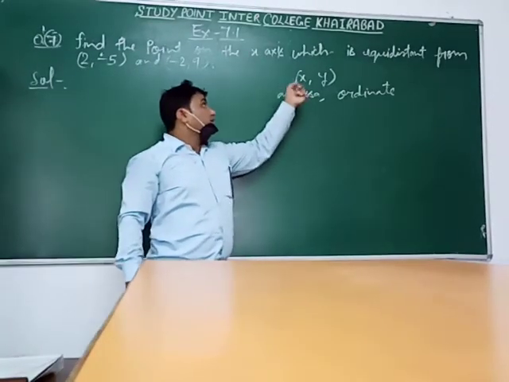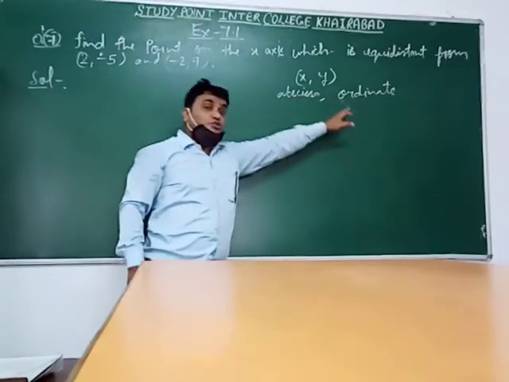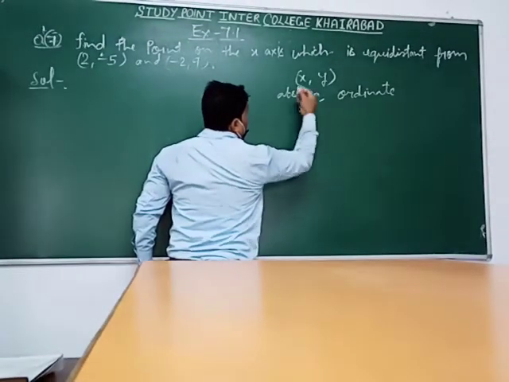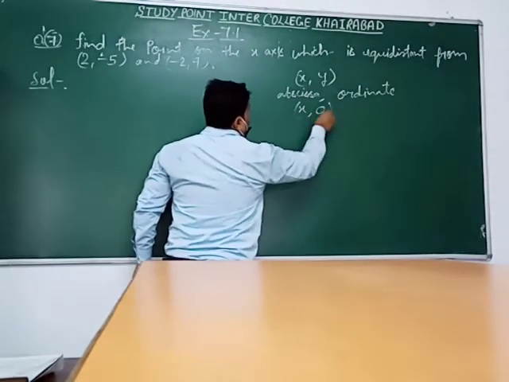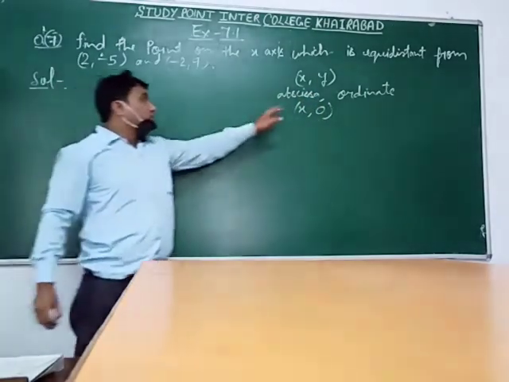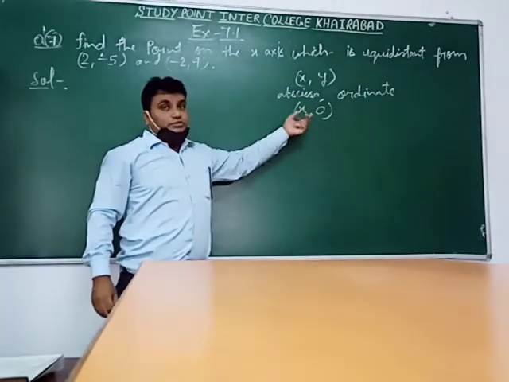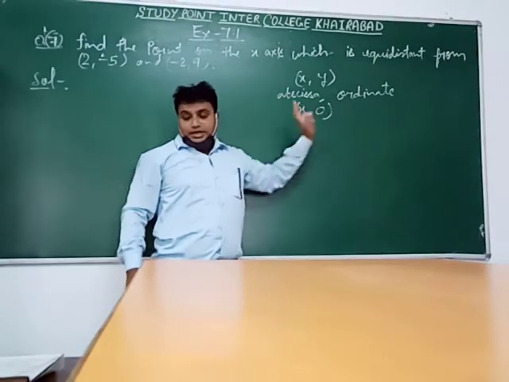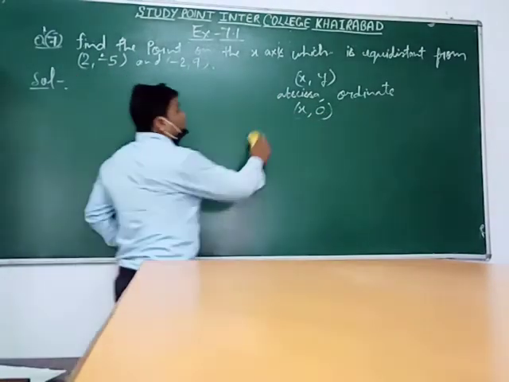If a point lies on the x-axis, its ordinate should be 0. So its coordinates will be (x, 0): the abscissa can be whatever, but the y coordinate will be 0. I hope you understand this.